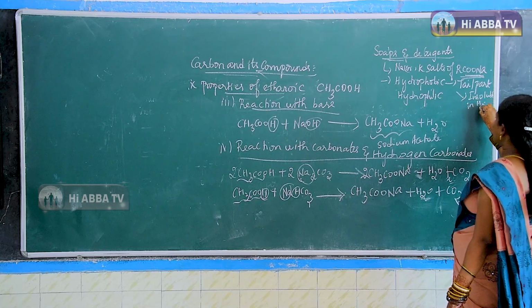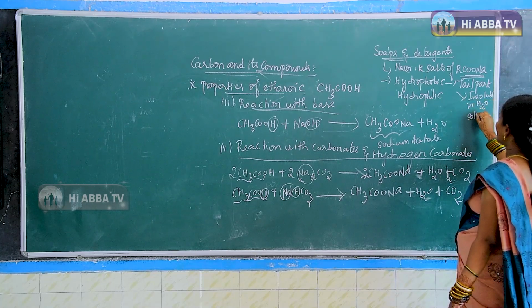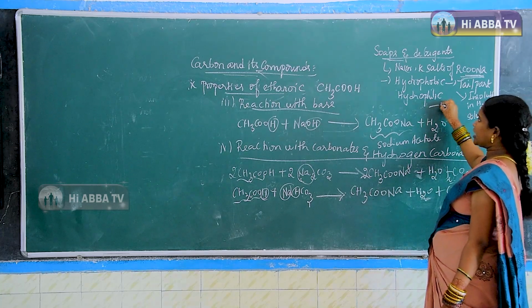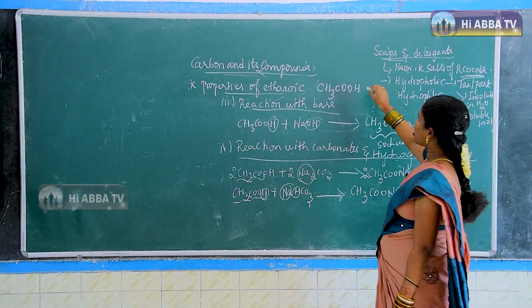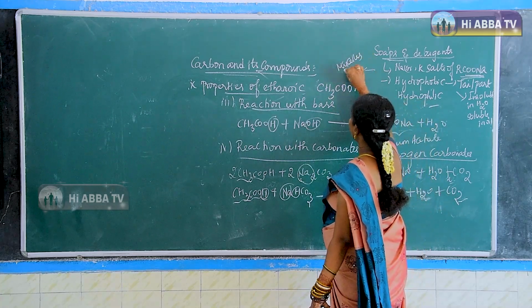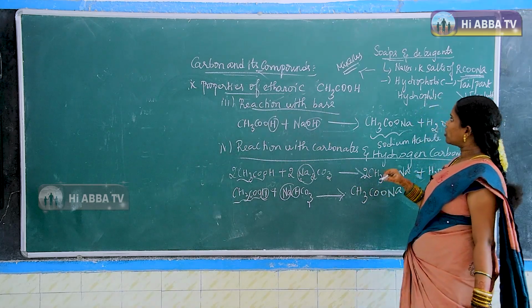Okay, in this the hydrophobic is termed as the tail part, which is insoluble in water, but it is soluble in oil, whereas the opposite will be the hydrophilic. It forms a structure called micelles, which is used to remove the dirt from our clothes.